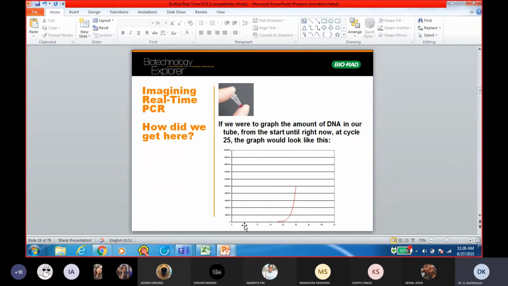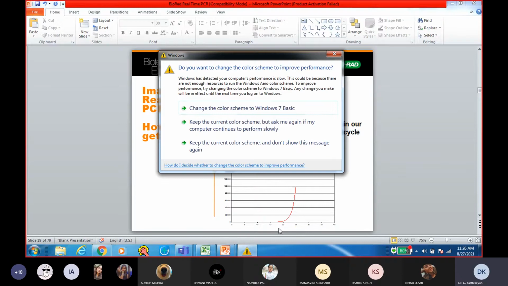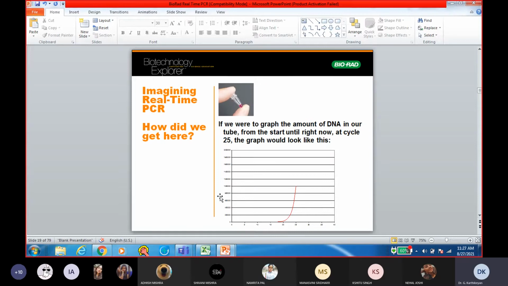The bottom axis represents the cycle number: 24th cycle, 25th cycle, 22nd cycle, whatever. So you're going to start right from the first cycle till your 25th or 30th cycle. What you see on the x-axis is the cycle number. What you see on the y-axis is the fluorescence units.